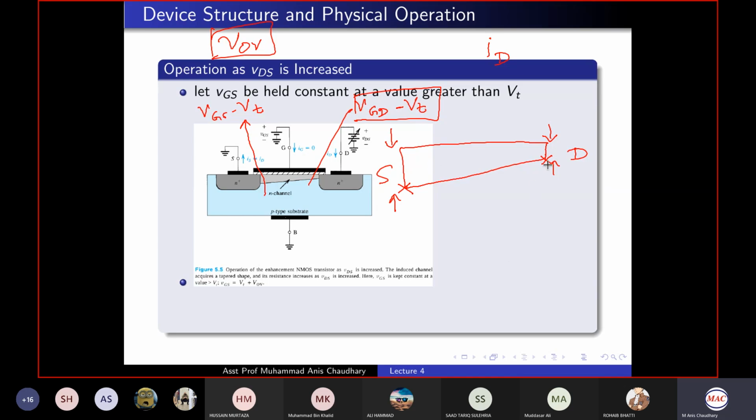So the average value is in between these two numbers. So let's determine the average value and apply the same procedure as before to determine an expression for the drain current ID. So the main message here is that the channel is now tapered because the effective voltage at the drain end is smaller than the value of the effective voltage at the source end.